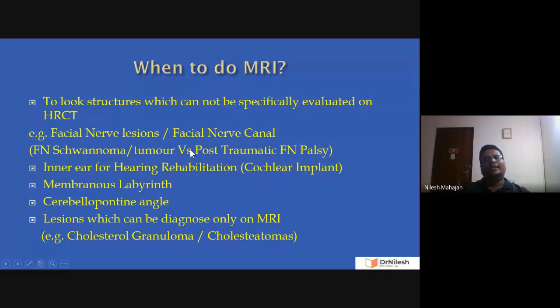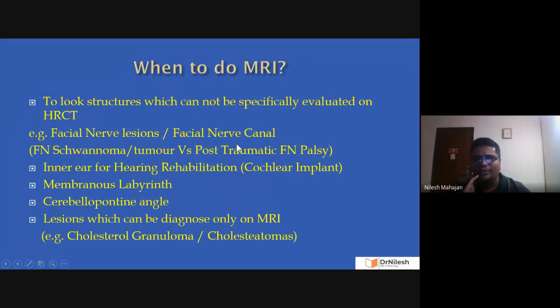But in case of post-traumatic facial nerve palsy, what is the involved thing? Though there is the involvement of the facial nerve around the geniculate ganglion area, the affected part is the facial nerve canal actually. The small bony spicules and organized hematoma will sit around this geniculate ganglion area and may cause compression.